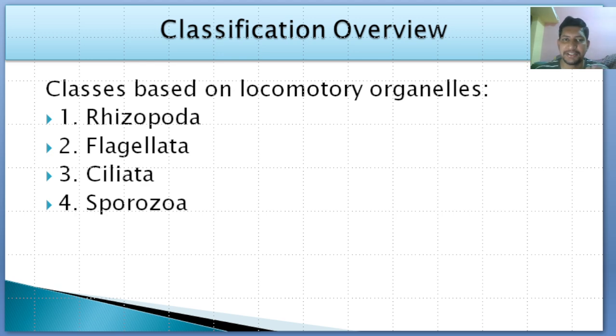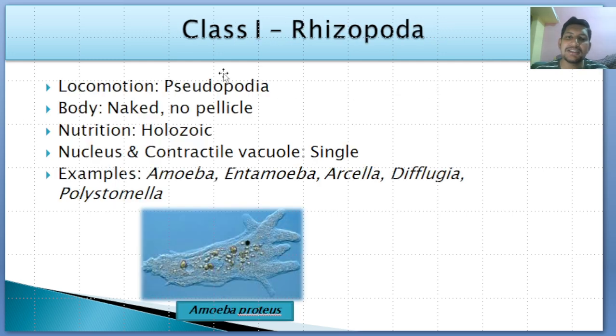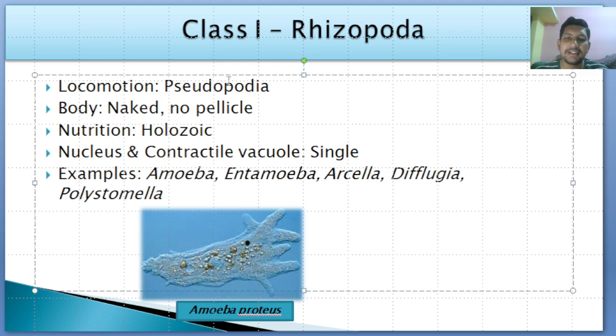Here the name Rhizopoda was given because the locomotory organelles in these animals are pseudopodia. So pseudopodia are the locomotory organelles in these rhizopods, and their body is naked and not covered by pellicle, and the nutrition is holozoic.